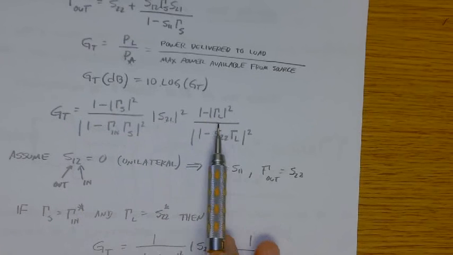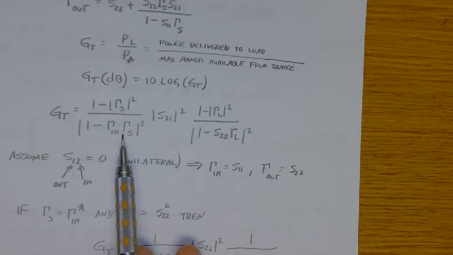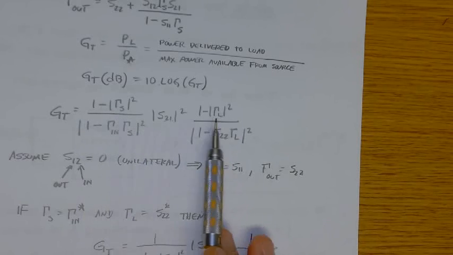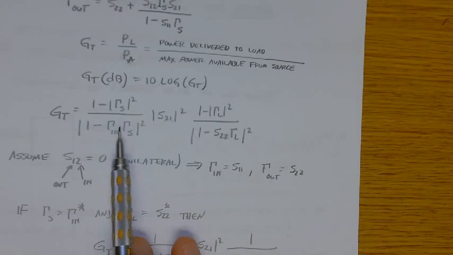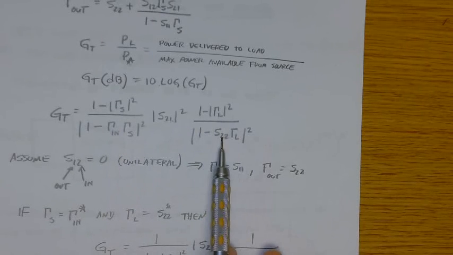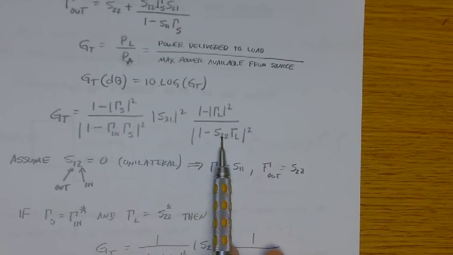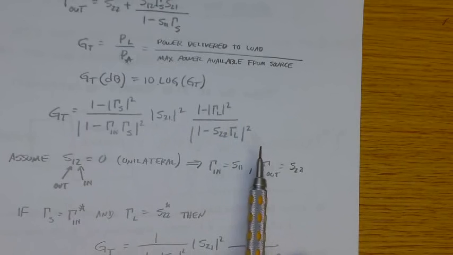And so the power gain is going to be proportional to the magnitude of that squared. But you have these other terms as well, because the source matching and the reflection coefficients looking into the source matching network, into the transistor, into the load matching network, and into the output port of the transistor are all going to affect the gain.